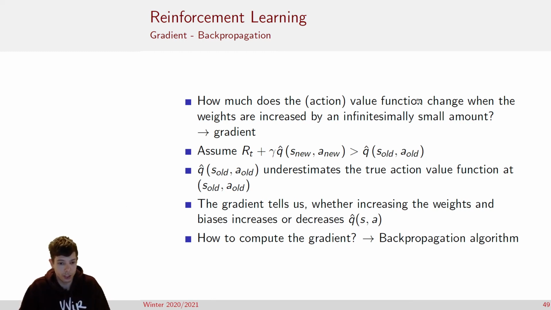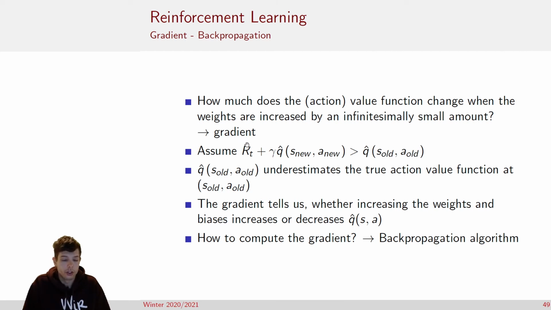So just the derivative. Let's now assume, and we've seen this before, that the reward plus the discounted future action value is larger than our current action value. That means that our current action value probably underestimates our value function. So we would like to increase that. So we would, in this case, go in the direction of the gradient.